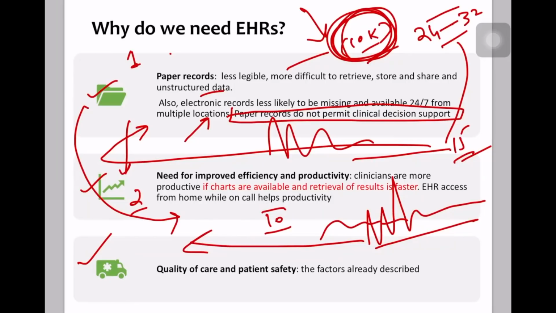And the third important point is when you store the information electronically, it is stored in a way through which you can compare the information. Ultimately it leads to quality of care and patient safety.